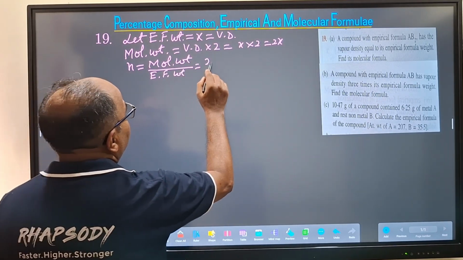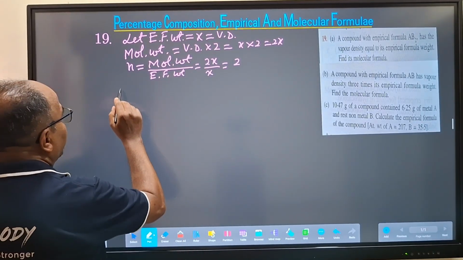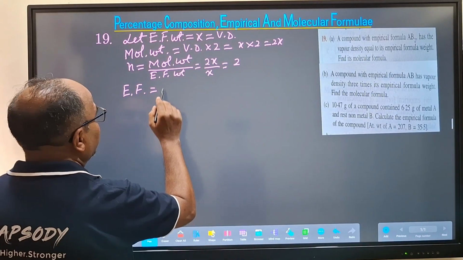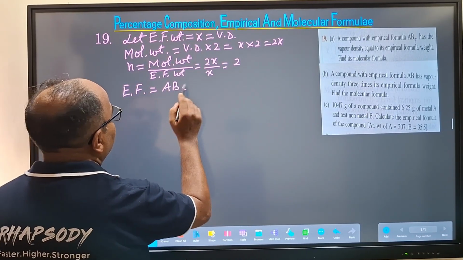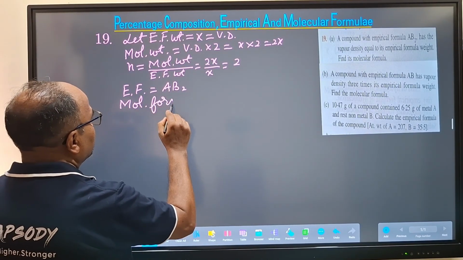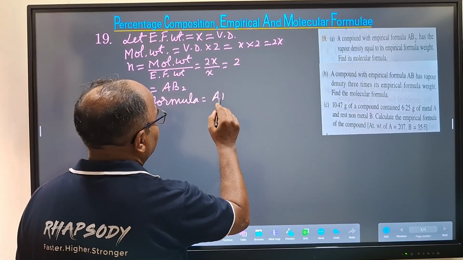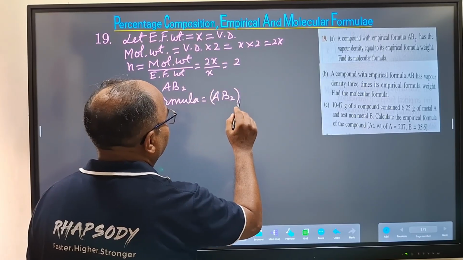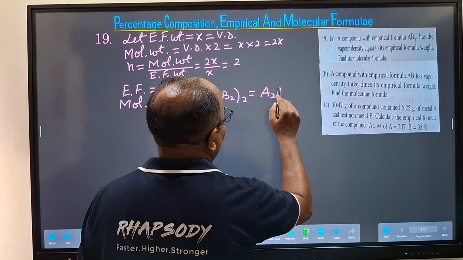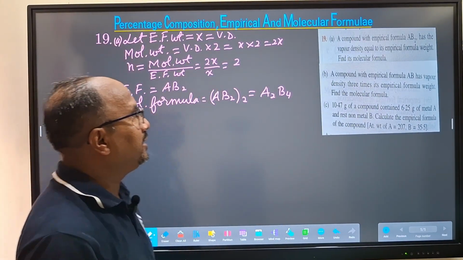So that is 2X by X, which equals 2. The empirical formula here is given to us as AB2. So the molecular formula will become the empirical formula AB2 multiplied by this n value 2. So that makes it A2B4. So this was your sum number 19A.